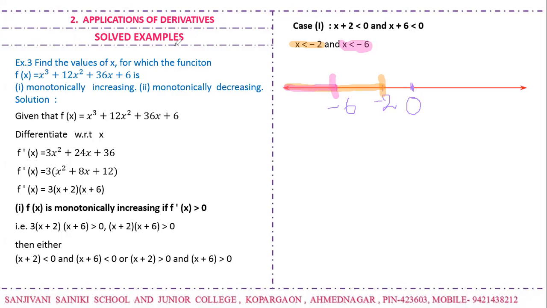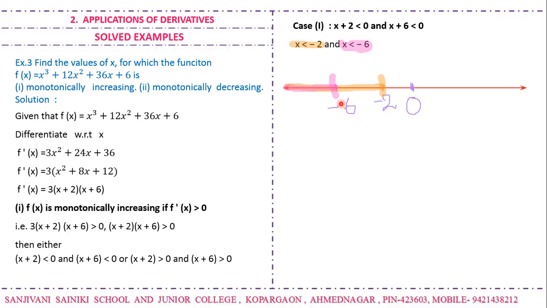Now we want both the statements to be true at the same time. So from this figure, can you conclude what is the solution set for these two inequalities? Obviously, the common part is the solution set. So we must have x less than minus 6.